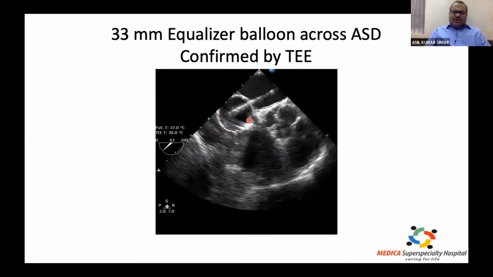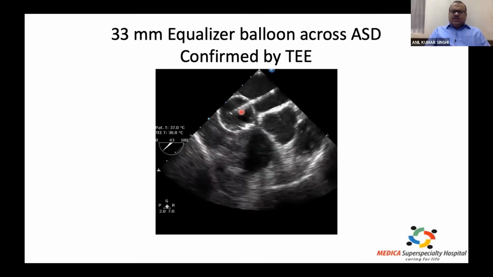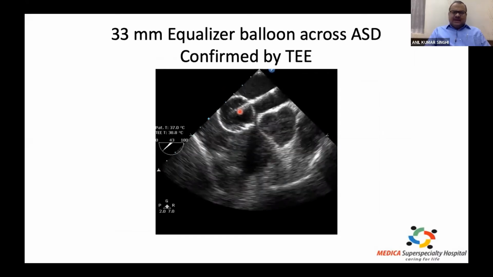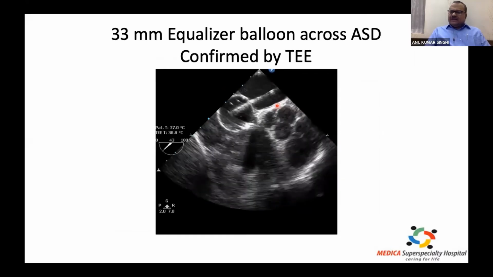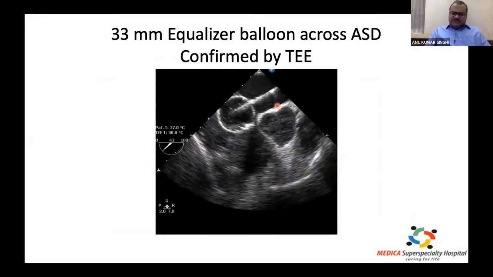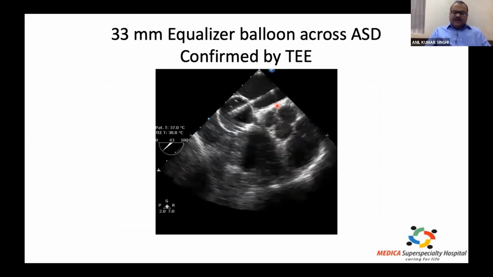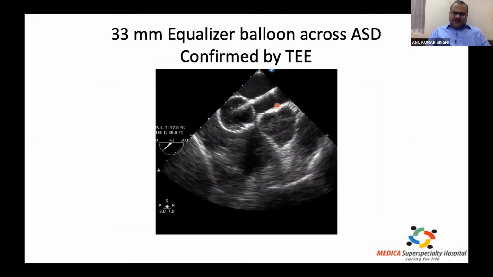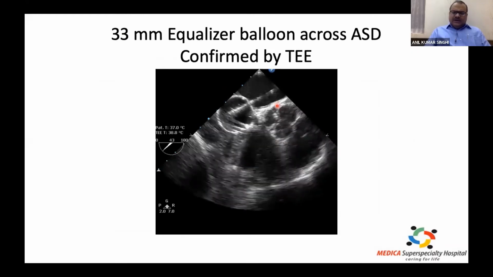An equalizer balloon was used and then balloon assisted device closure was planned. Now here we had a 38 millimeter hole, so we had to request and specially order a tailor-made 46 millimeter LifeTech atrial septal occluder.